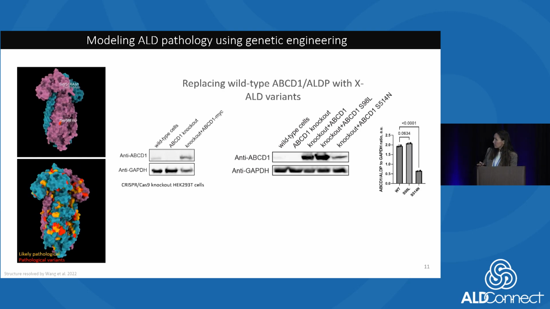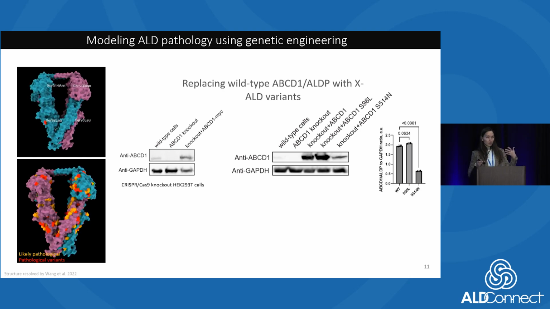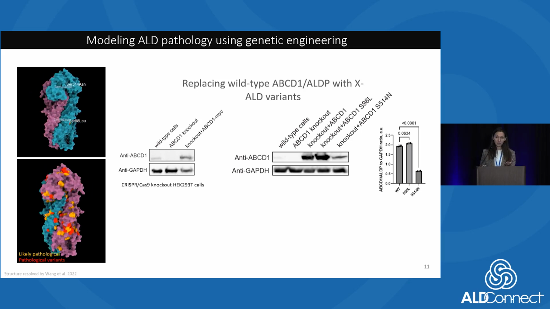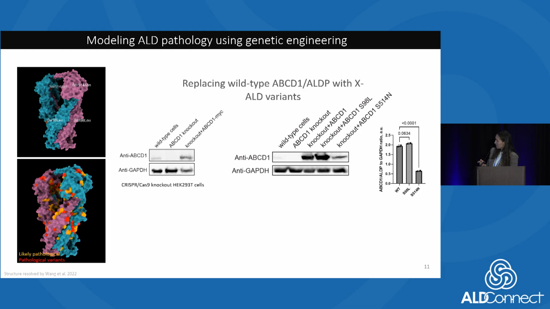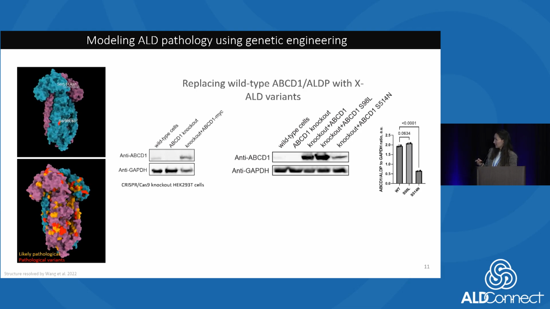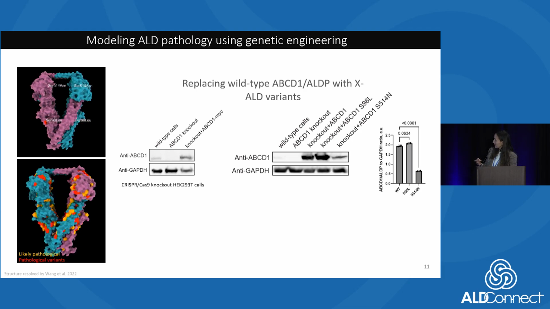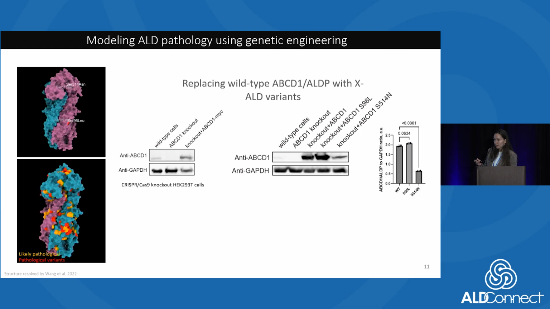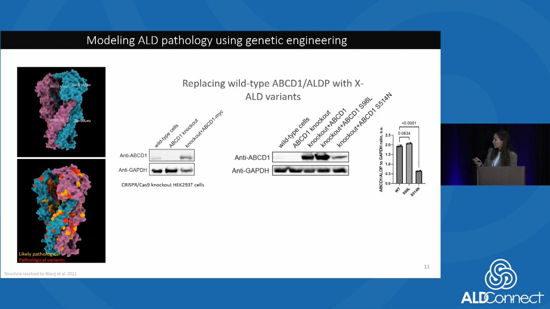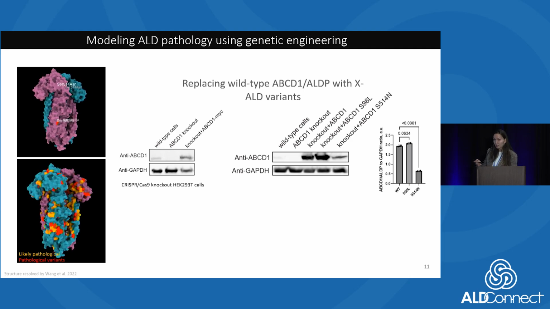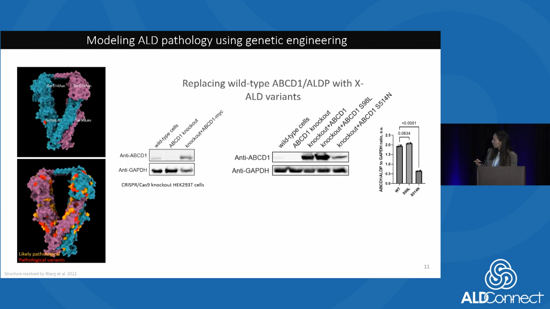We knocked out the healthy copy of ABCD1, and we replaced it using stable lines with either the normal copy as a control, or the 98 or 514 variants of ALD. And even from this blot, we can measure the levels and then correct our microscopy data by the levels, which is quite important.